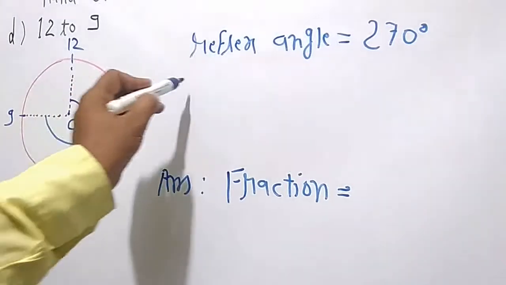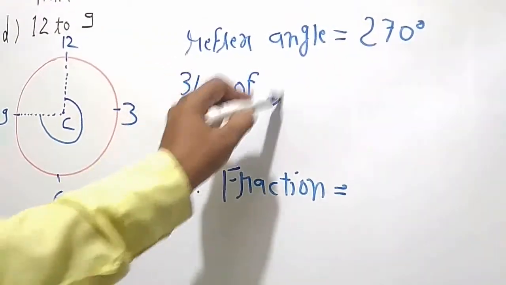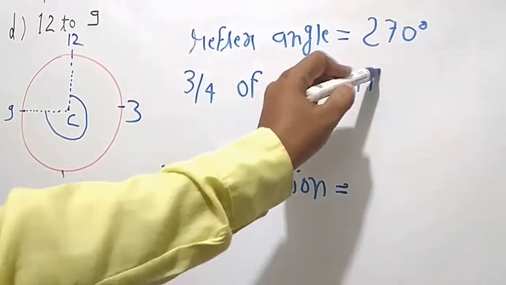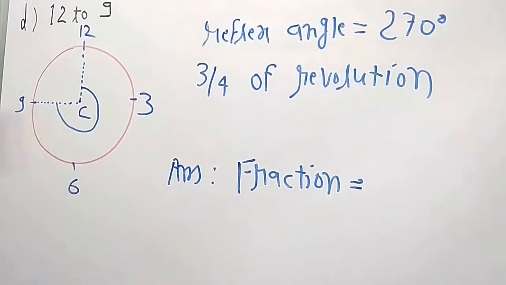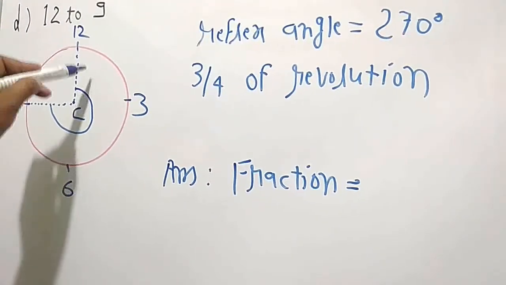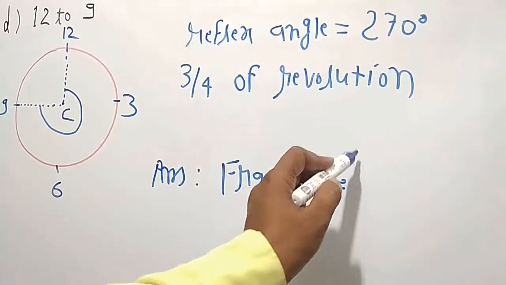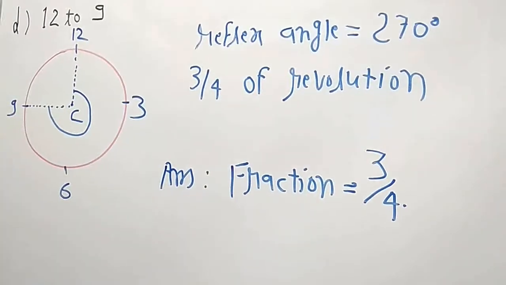It shows 3/4 of a revolution. Here there are total 1, 2, 3 and 4 parts, and we are talking about 1, 2 and this 3rd part. So the fraction is 3/4. This is our answer.